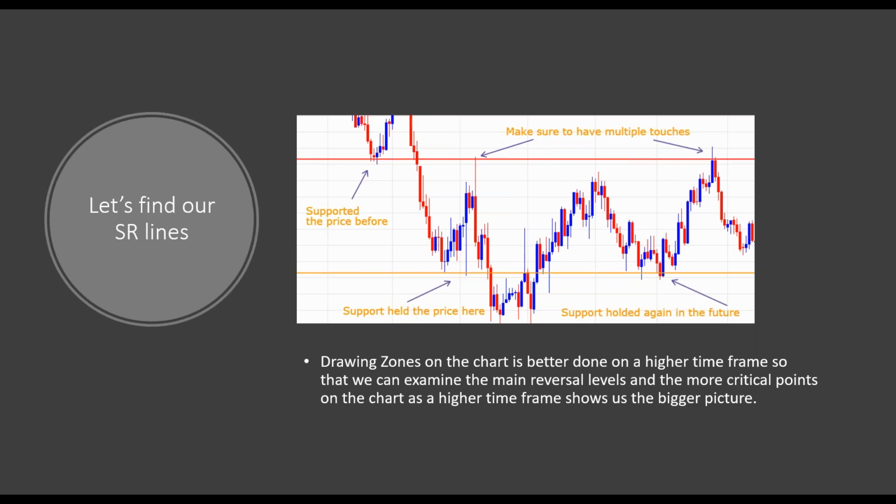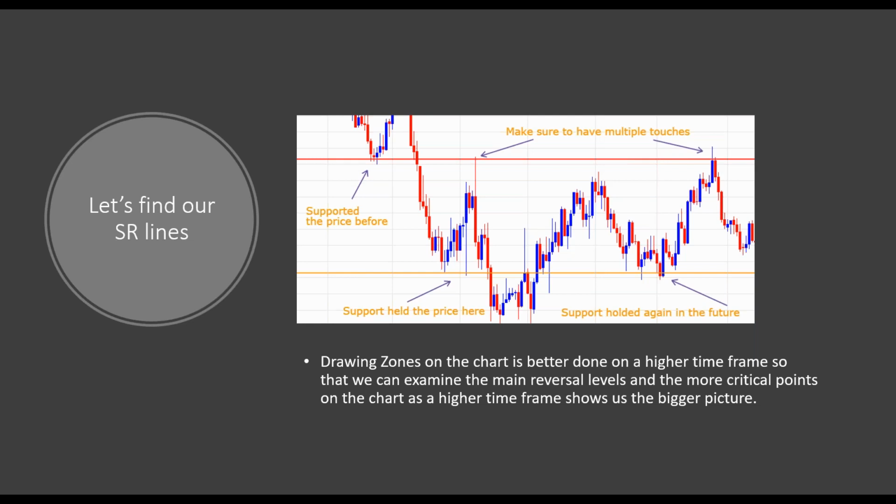Drawing zones on a chart is better done on a higher time frame so that you can examine the main reversal levels and the more critical points on the chart. Even though support and resistance lines hold true for whatever time frame you're looking at, you need to start off carefully. You don't want to start off with a 15-minute chart and isolate those, because price can go up through them and down.